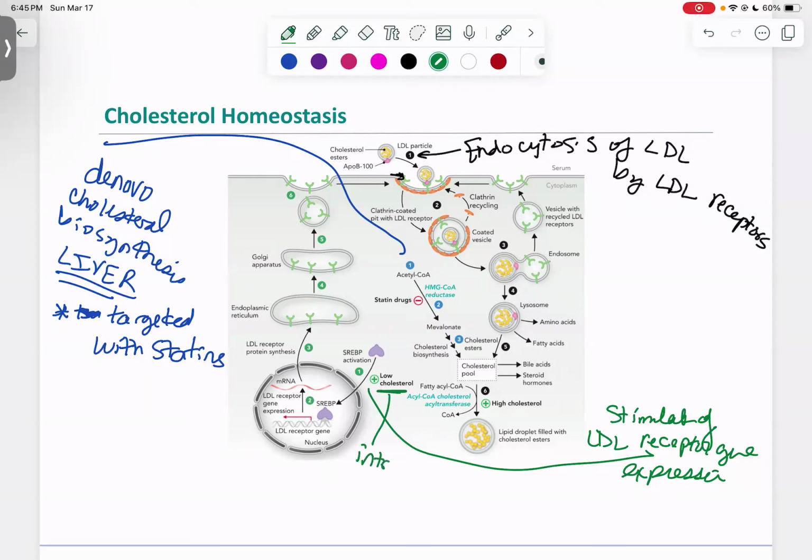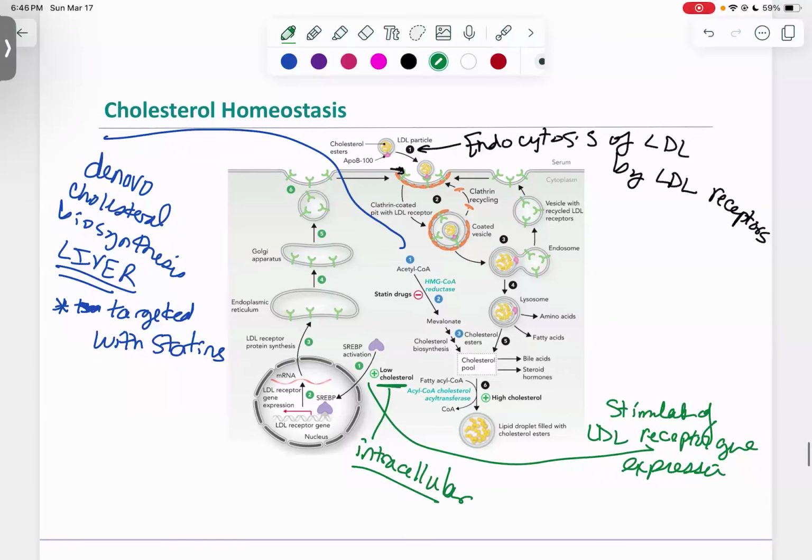So this is intracellular, right? Because the cell needs some cholesterol in order to function. It does. And so when you have low cholesterol, what you end up doing is you end up activating this transcription factor, SREBP. So this is the transcription factor that controls expression of the LDL receptor gene.